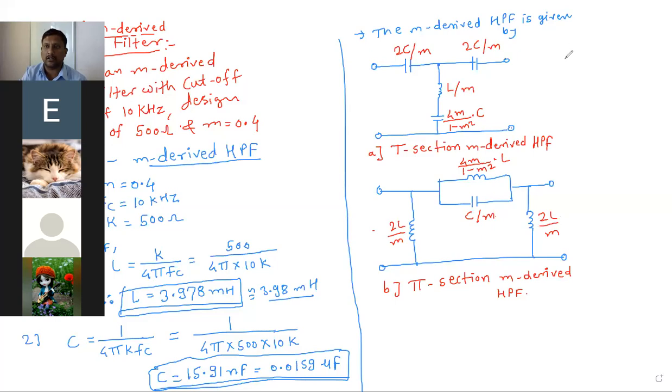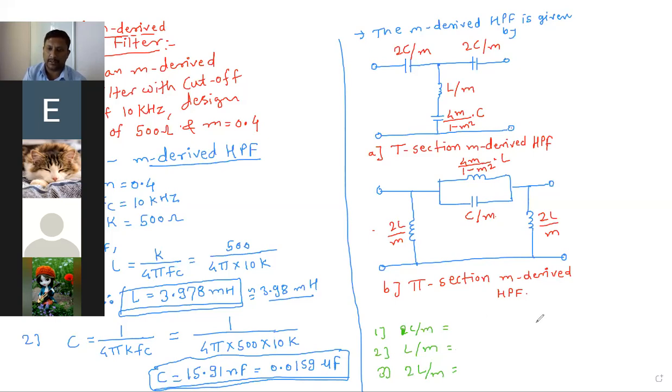So what are the calculations here? 2C by M you have to calculate. Second, L by M you have to calculate. Once L by M is calculated, multiply by 2, that is 2 into L by M. Next 2C by M: first calculate C by M, then multiply by 2.